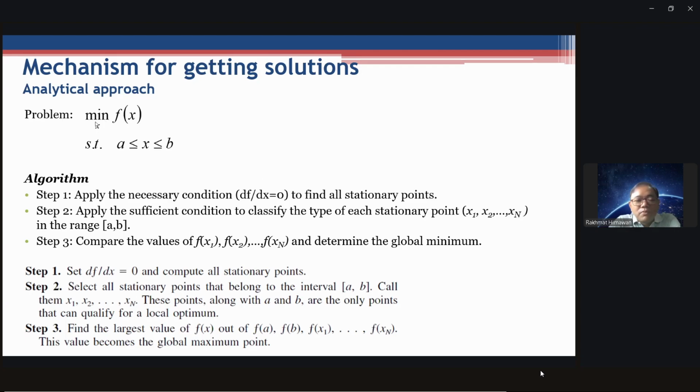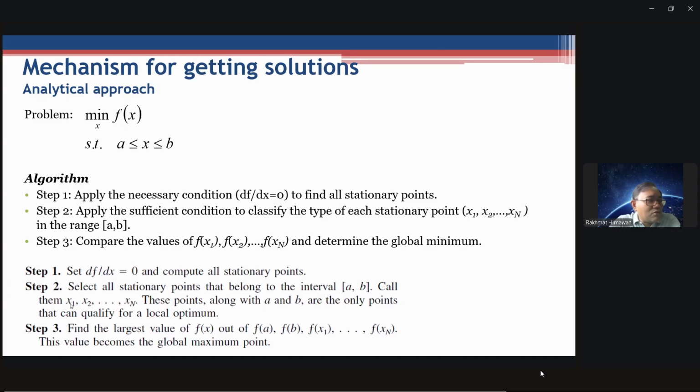This is another step from a different reference. Same, find stationary points: the derivative of f where x equals 0, and select all stationary points that belong to the interval a and b, call them x1, x2, and so on.